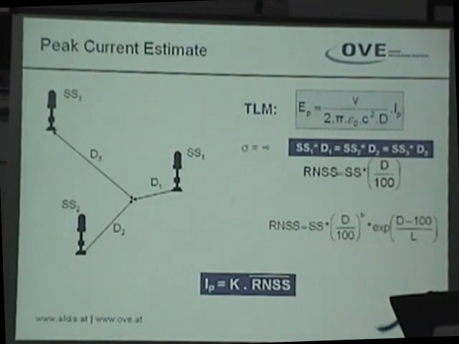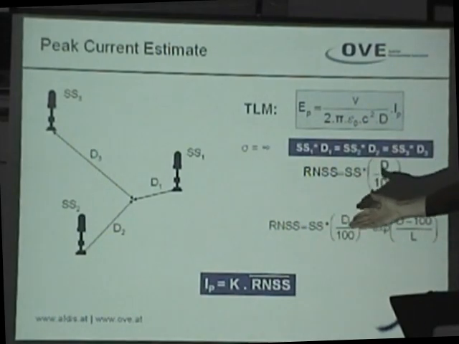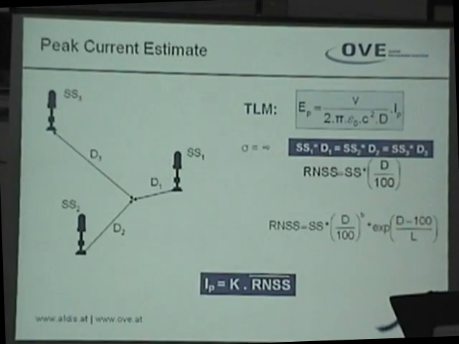But we're using right now only one factor K for all the different lightning, and this factor K was only proven for negative subsequent strokes. So if you have a first stroke and you want to calculate a first stroke peak current, you use the same factor K, but there is no proof that this is really the correct one. The same for positive lightning: the same factor K is used, but there is no proof that this is correct.